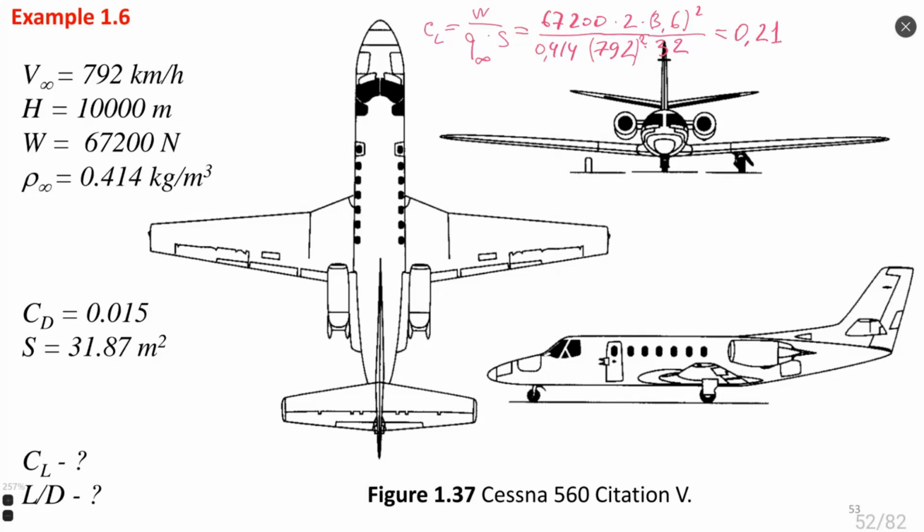0.21 lift coefficient, and lift to drag ratio. Lift to drag ratio is CL by CD, and 0.21 divided by 0.015. Let me calculate.